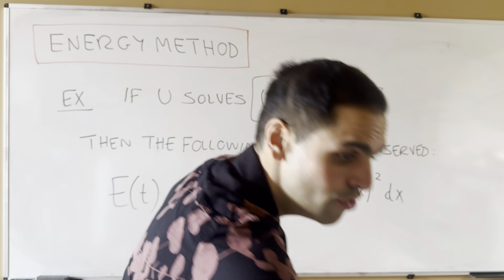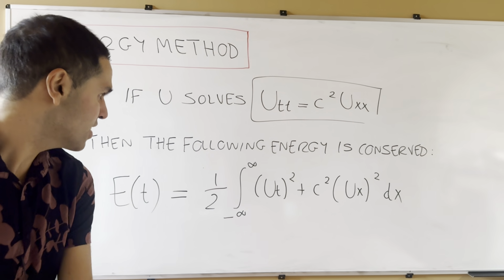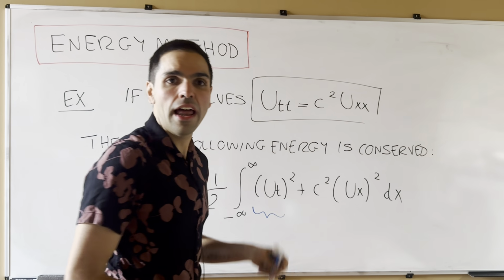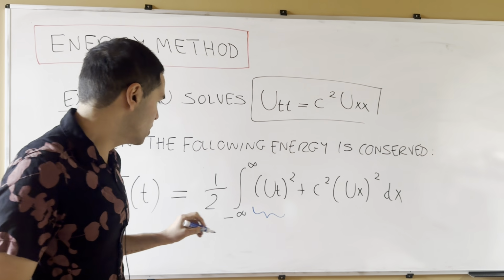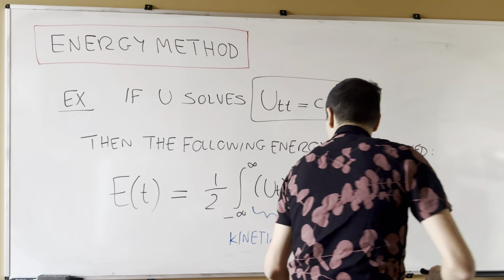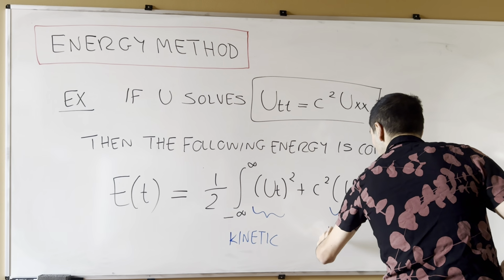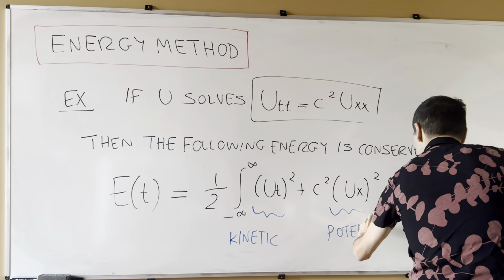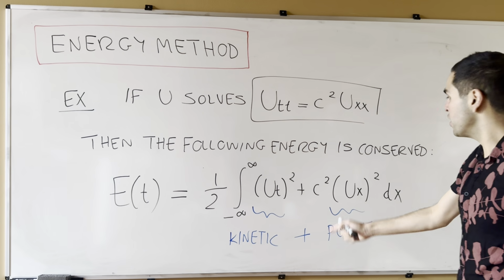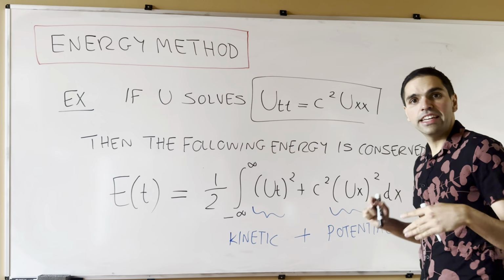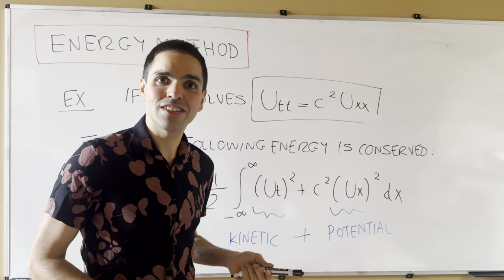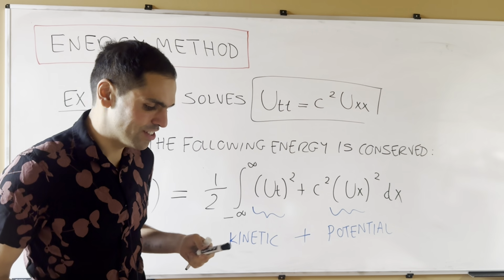This has a really nice physical interpretation, because this part is like 1/2 mv squared, which is called the kinetic energy, and this part is what's called the potential energy. So what we're showing is that if you add the kinetic energy to the potential energy, the total energy is conserved, which is already cool physically.